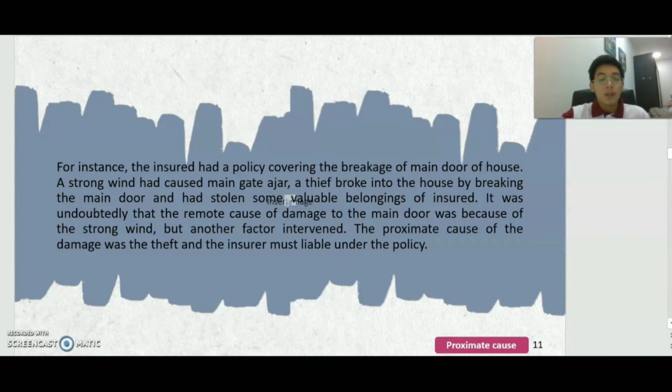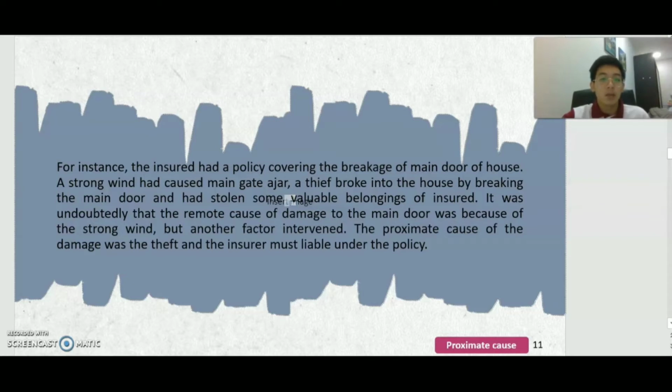So, for instance, the insured had a policy covering the breakage of the main door of his house, and a strong wind suddenly caused the main gate to open a bit, and a thief broke into the house by breaking the main door and stole some valuable belongings of the insured.